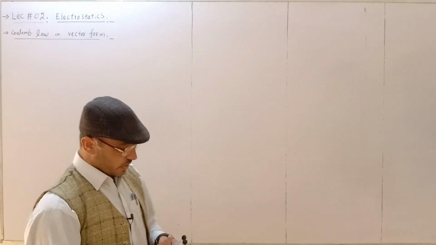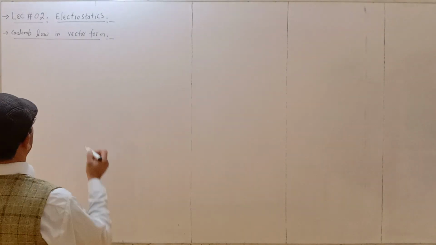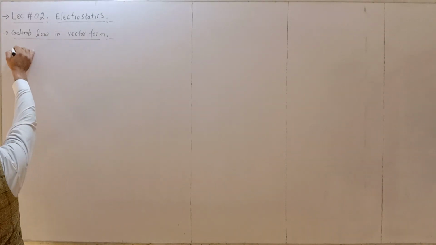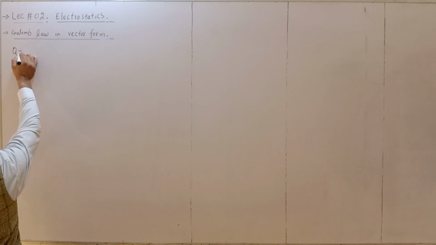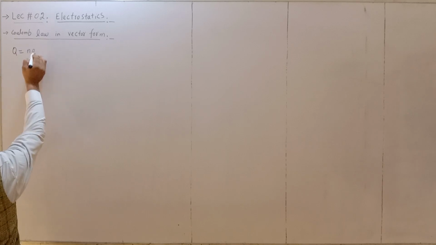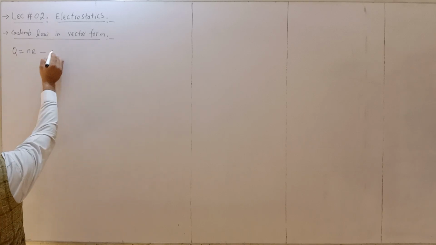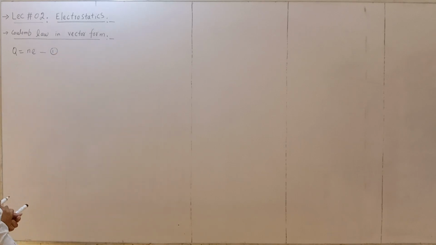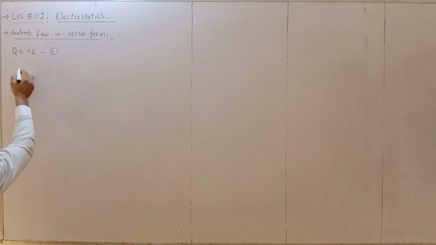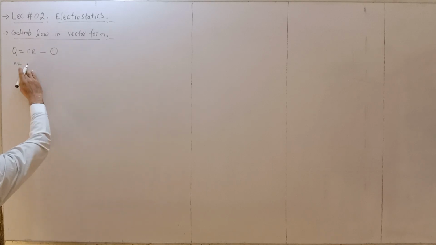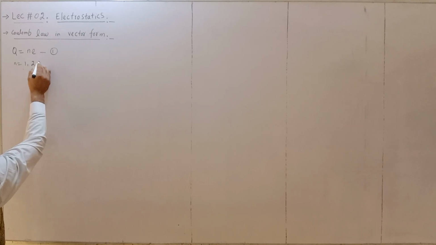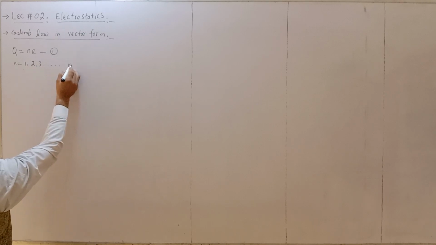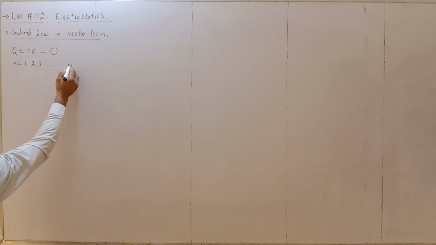So I wrote a formula that Q is equal to NE. Basically, what is Q equal to NE? N represents a whole number, meaning 1, 2, 3 up to N or infinity.